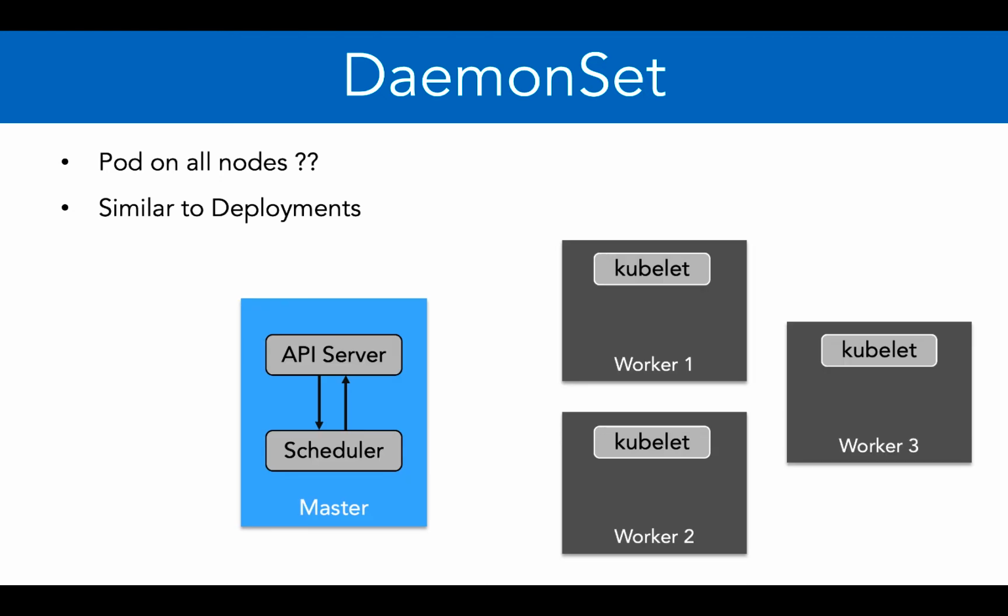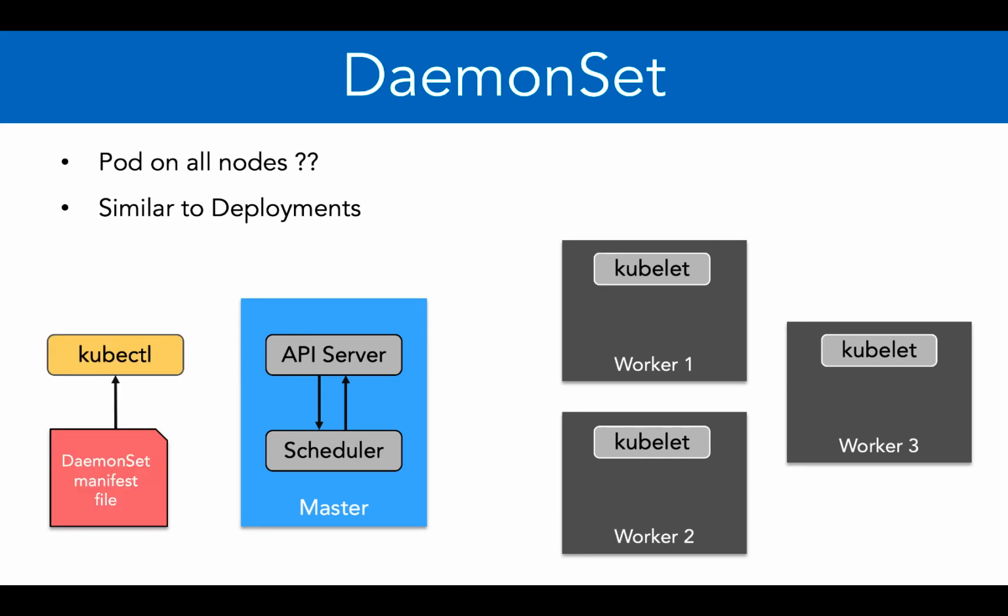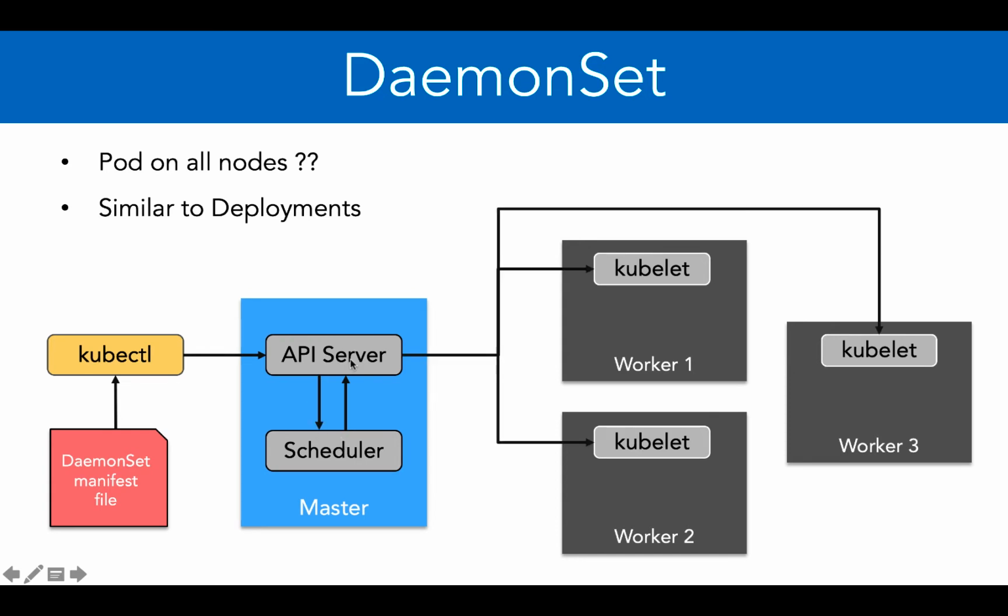So it is something like this. Let's say we have one master node and 3 worker nodes. We have API server and scheduler running on the master node and kubelet running on each worker node. So we create the daemon set manifest file and give it to kubectl, and kubectl presents it to the API server, and of course the API server consults with the scheduler and then goes ahead and launches one pod per worker node.